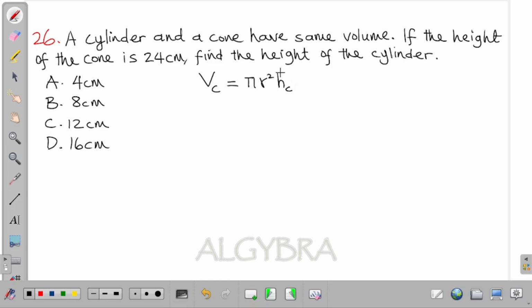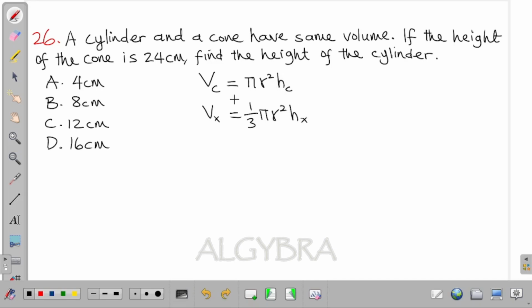Now, the volume of a cone, let's call it Vx, is equal to 1 over 3 pi r squared hx.